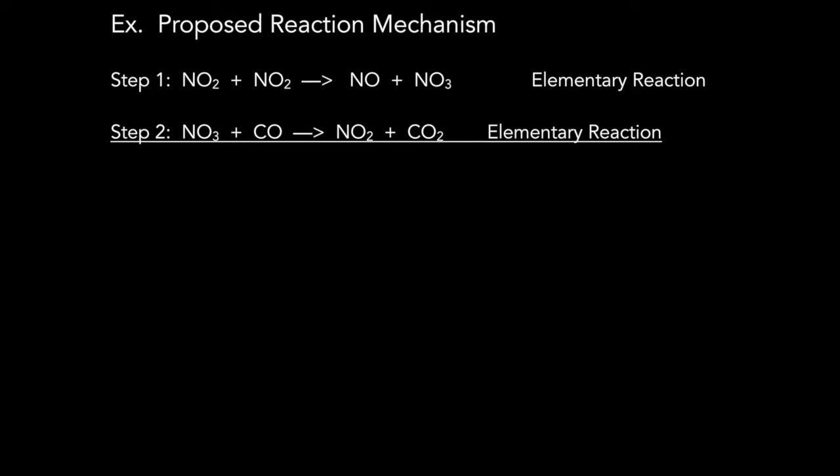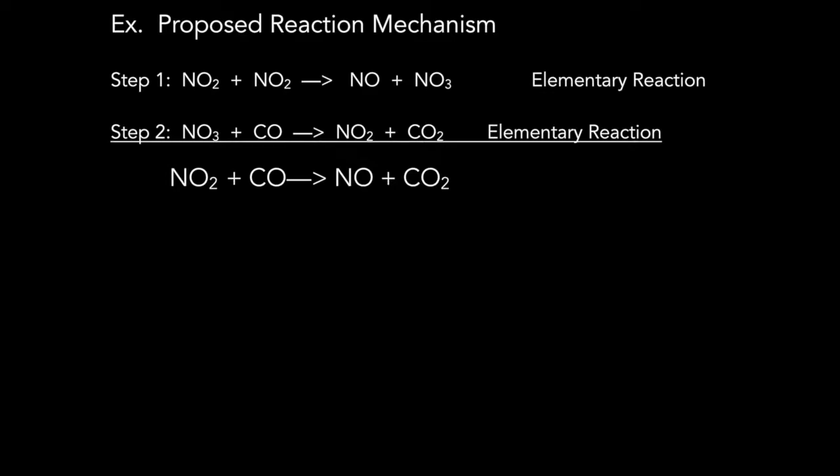So those are going to cancel. So I eliminate those. Carbon monoxide, there's only 1 on the reactant side, so I'm going to leave that. And then I have 1 nitrogen monoxide, which I'm going to leave, and then 1 carbon dioxide. So my overall reaction is going to be nitrogen dioxide reacts with carbon monoxide to produce nitrogen monoxide and carbon dioxide. So that's my overall reaction.